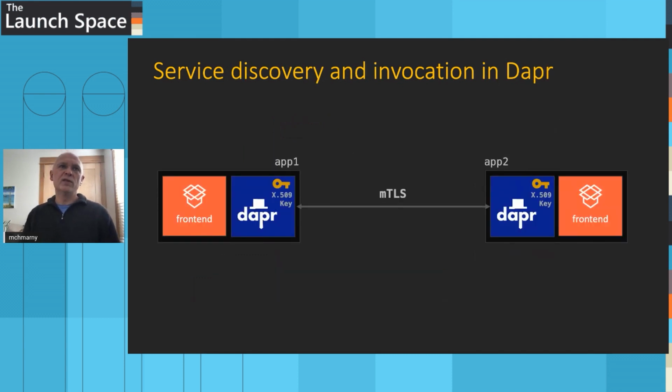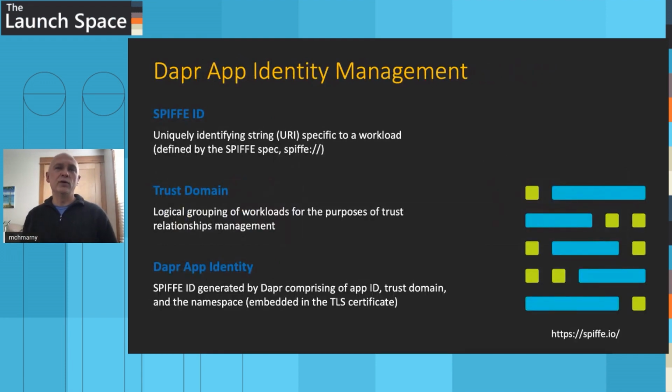We talked about the fact that Dapr has this notion of a sidecar. These applications are defined by their ID, so we have app1, app2. We talked about the fact that Dapr uses mTLS automatically to communicate between those. In addition to that, Dapr leverages the SPIFFE specification, a protocol that defines the identity of the application in a URI format.